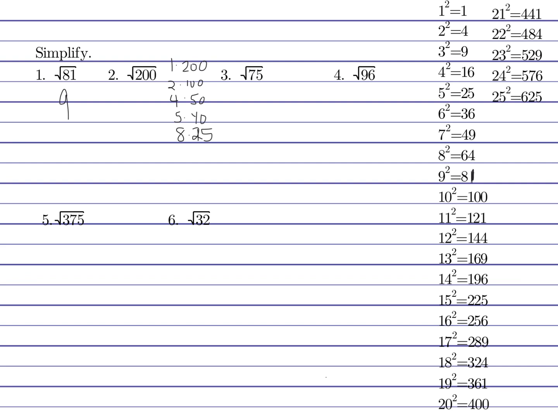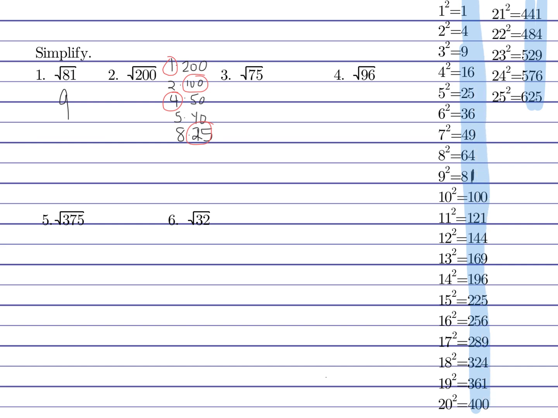I think so. The next thing I would do is circle any perfect squares that are in this list. And what I mean by perfect squares, the numbers to the right of the equal sign, those are perfect squares.